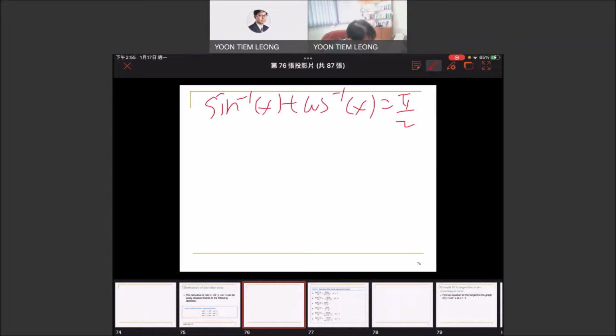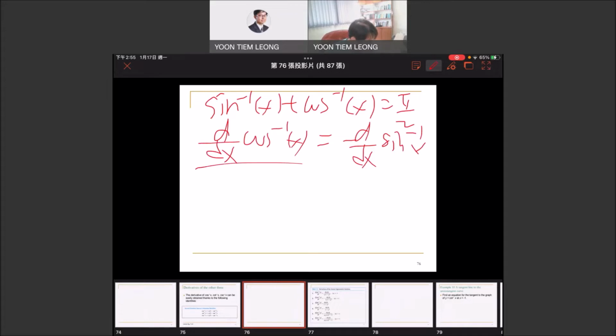So from these very simple relationships, the derivative of arccosine is just equal to the negative of the derivative of arcsine. Likewise, arccotangent and arctangent also form a pair.